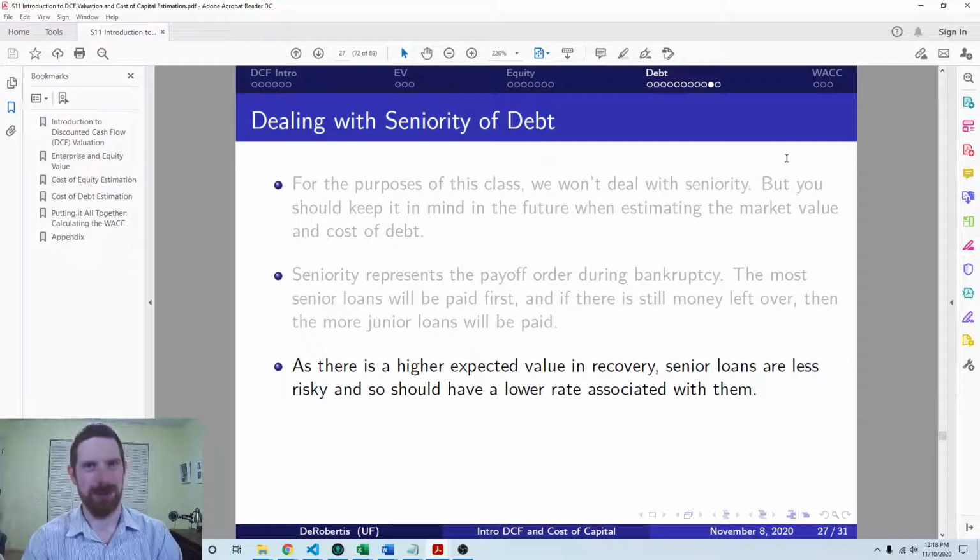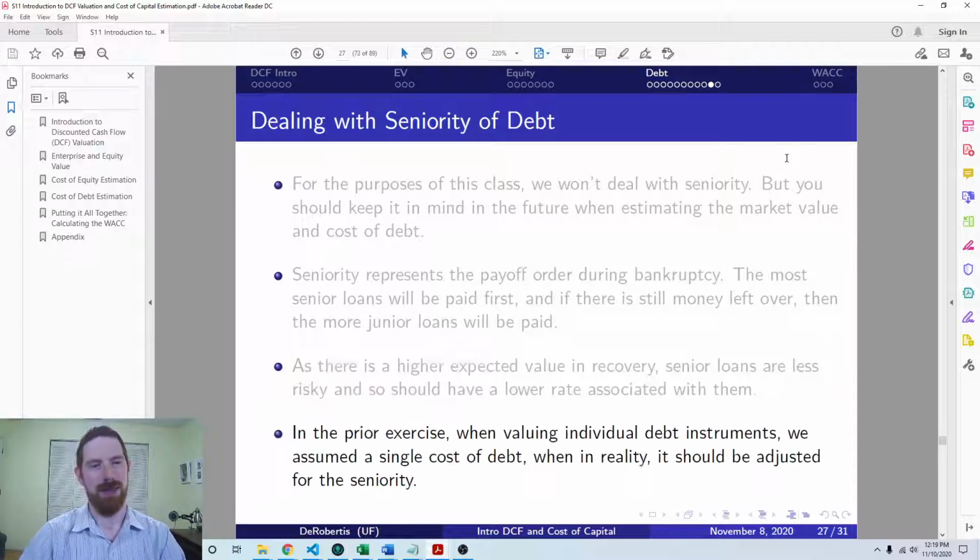And if you have a senior loan, then in this recovery process, there's a higher chance that you're going to get more money out of the process. And with a junior loan, there's a lower chance that you're going to get money, or how much, or you might not even get paid at all. So the junior loans have to command a higher interest rate in order to compensate for the fact that they're not going to get paid at all or as much in the recovery bankruptcy process.